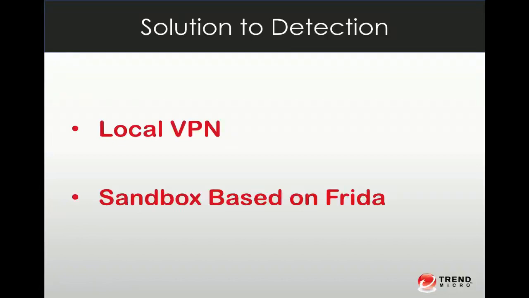And here is our solution. The whole solution is composed of two parts. The first part is on the real endpoint machine, using the local VPN feature. The second part is in the backend system, which is based on the FRIDA hooking system. We will introduce the two solutions in detail.